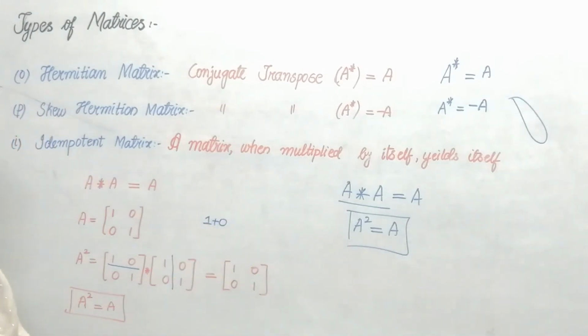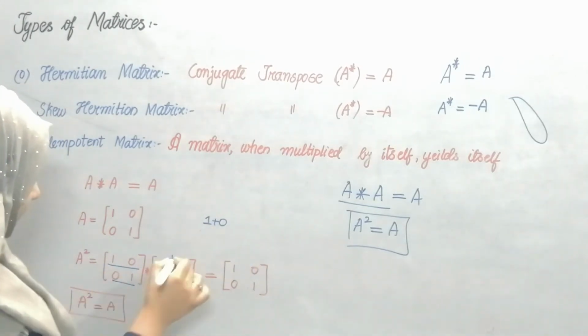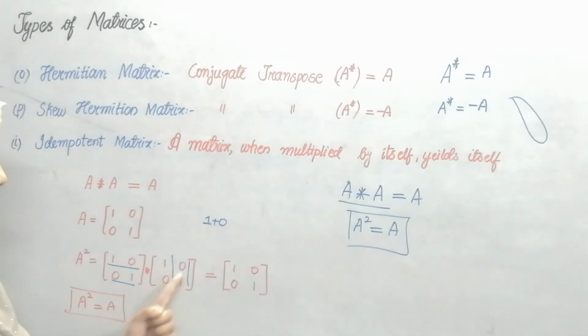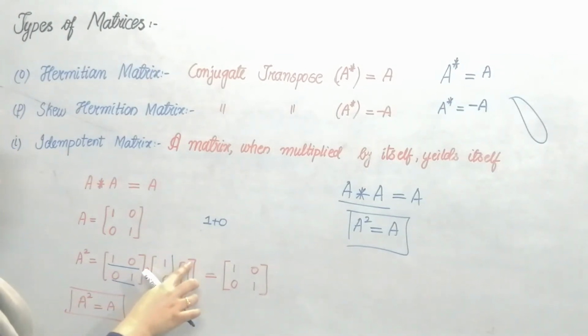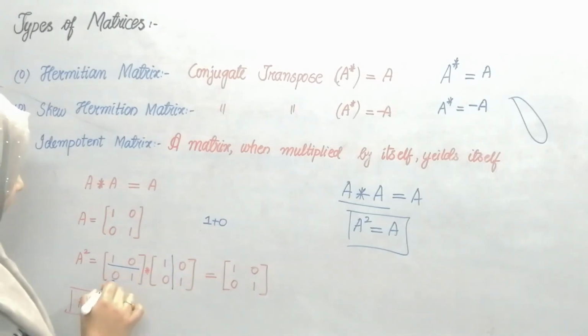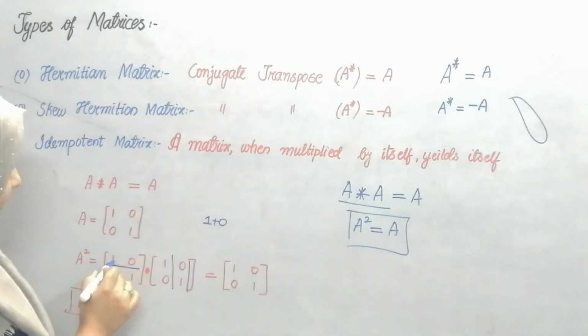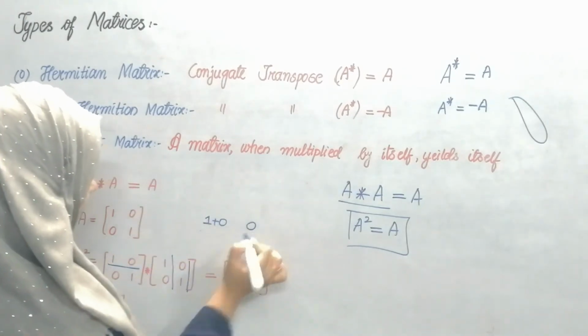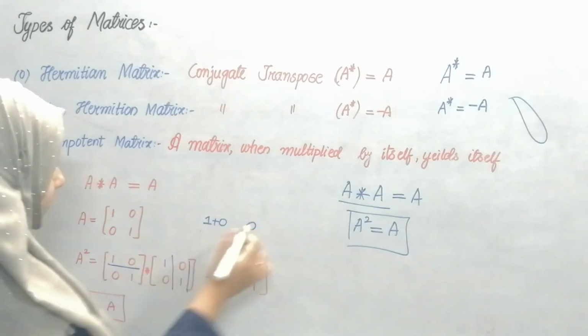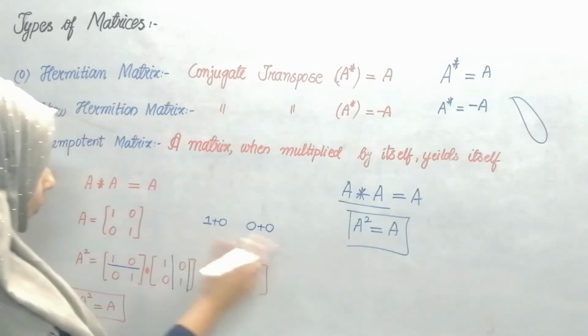Next, the second row is multiplied with the second column. Next, the first row is multiplied with the second column: 1 into 0 is 0, plus 0 into 1 is 0, so 0 plus 0.